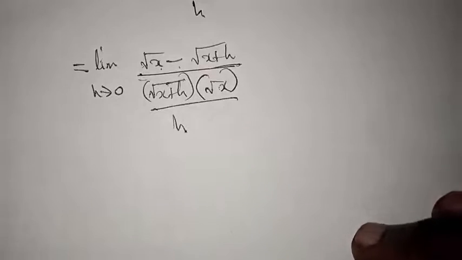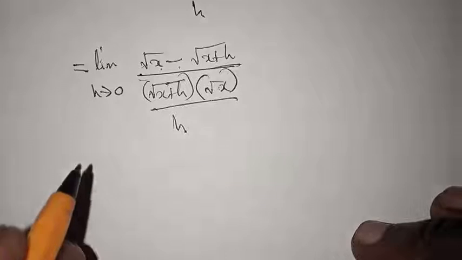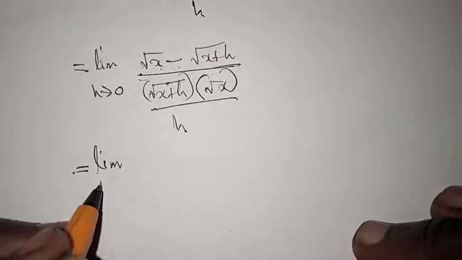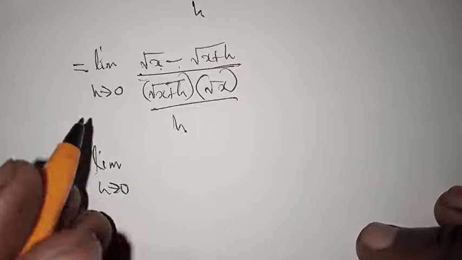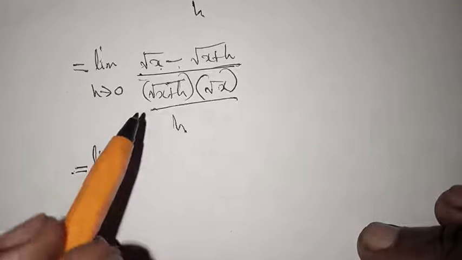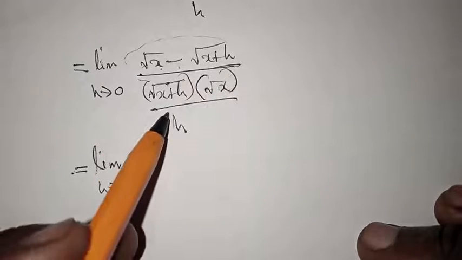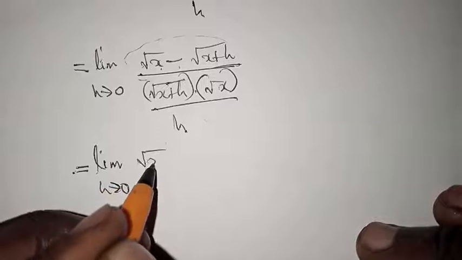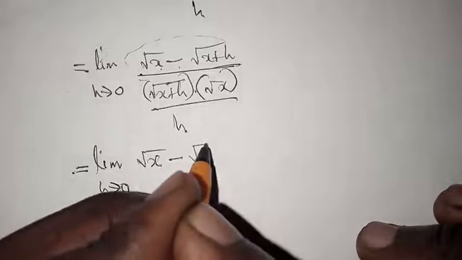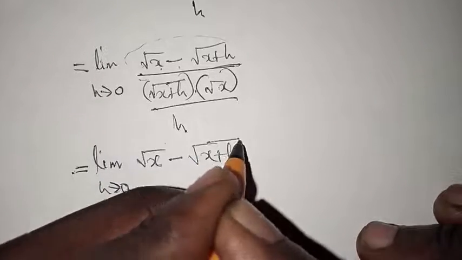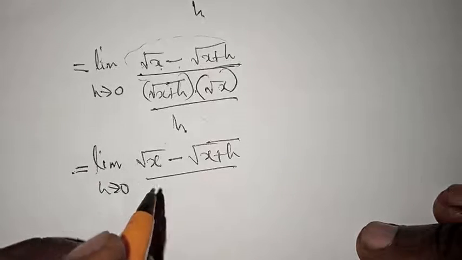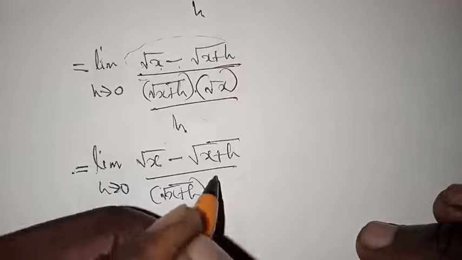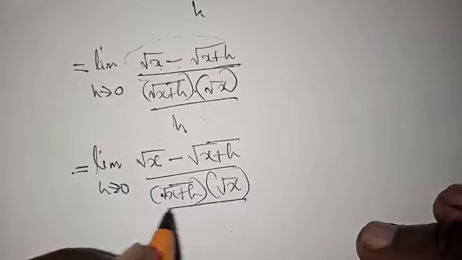Now, after doing this, what we're supposed to do is say the limit as h approaches 0 of, so you're going to multiply both this part and the one down with the common denominator. So we're going to have square root of x minus square root of x plus h, like this, over square root of x plus h multiplied by the square root of x over h.